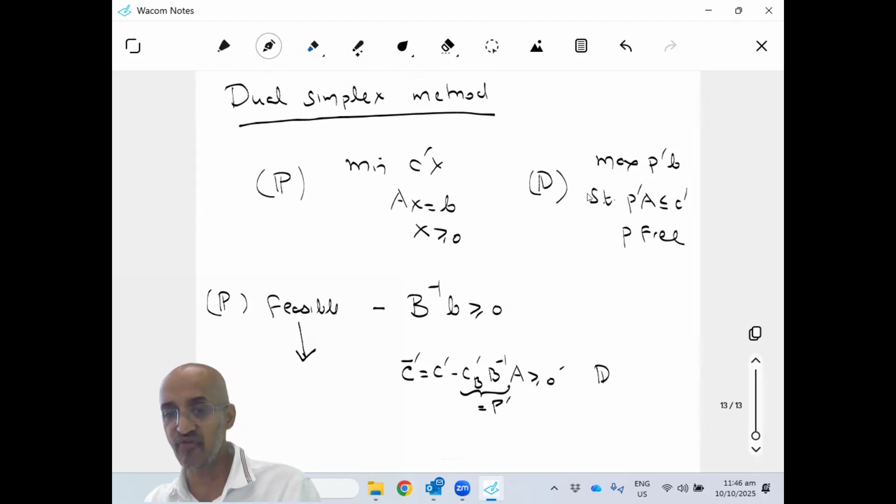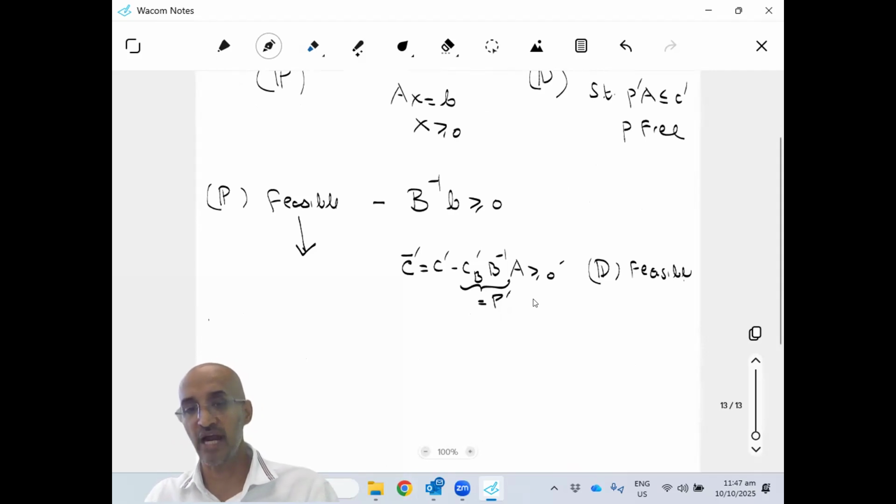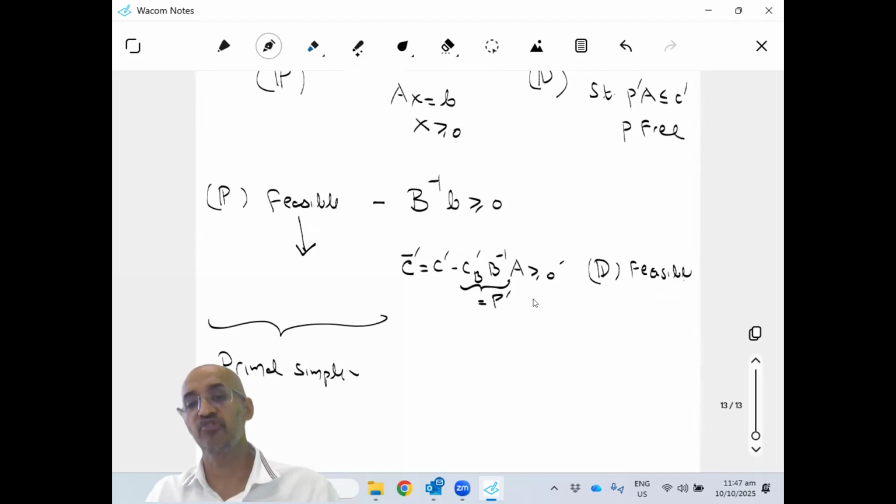So this is a dual feasibility condition. In the primal simplex method, we start with primal feasibility and work towards primal optimality, which is nothing but dual feasibility.